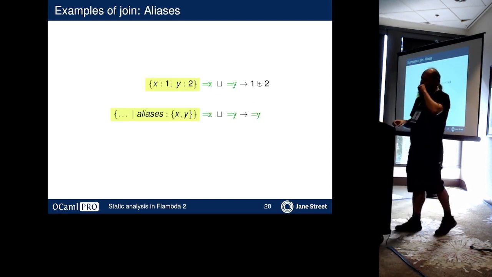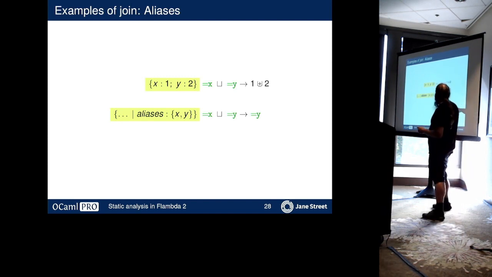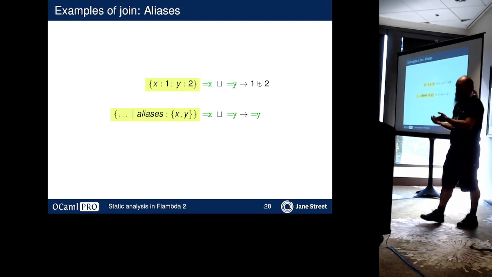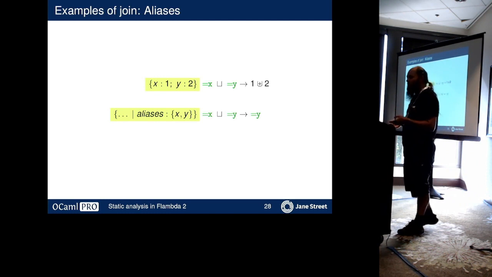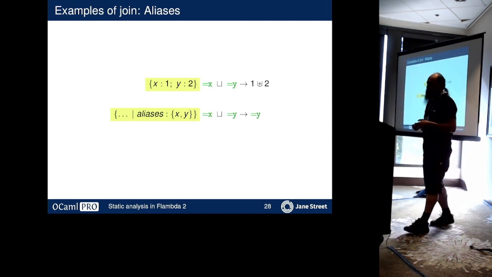Join of aliases is another place where we might lose precision sometimes. If you join aliases where you have values linked to those variables, then the result of the join is going to represent the join of the values. You don't know anything anymore about the aliases.